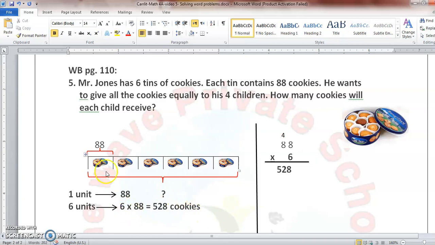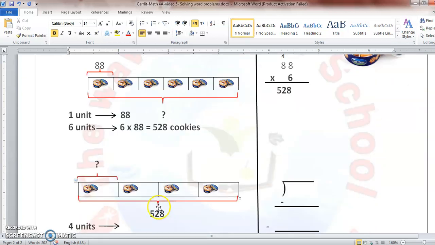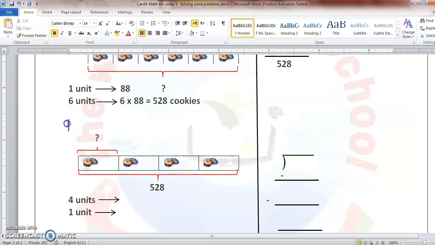In 6 boxes, it has 528 cookies. So we're going to write here, he has 528 cookies all together.